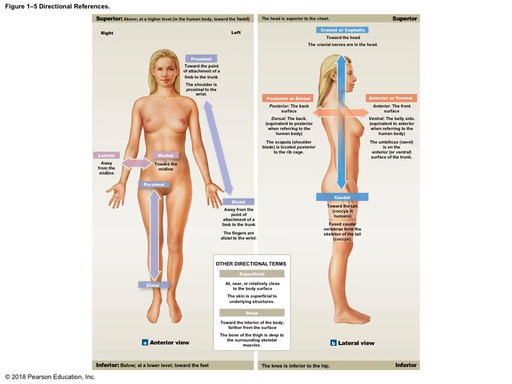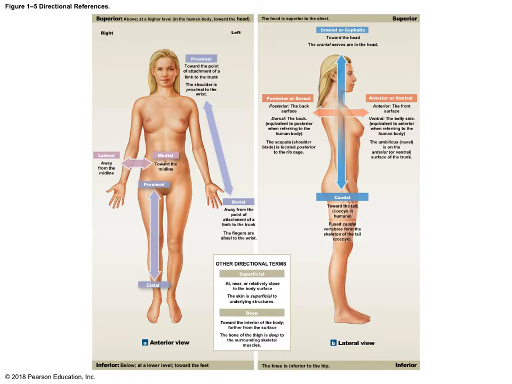Next, we want to look at directional terminology. So right and left are two directions that we use when we're looking at anatomical terms, but there are some other directional terms that we need to know also. So let's start by looking at this picture here on the right.